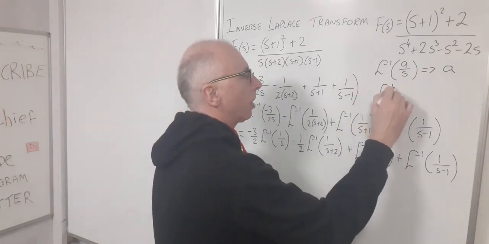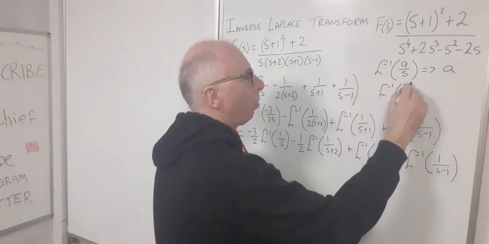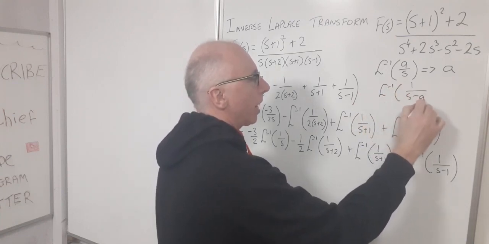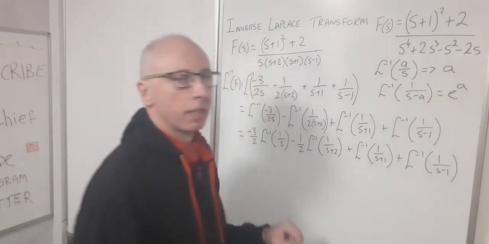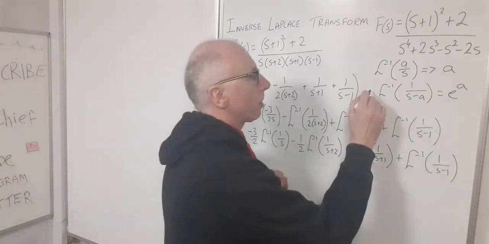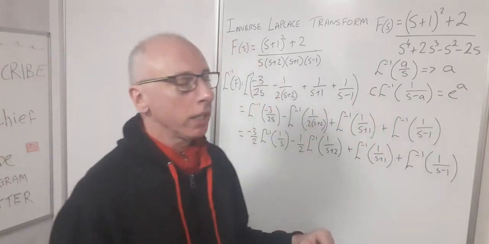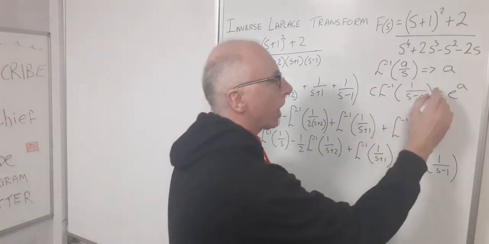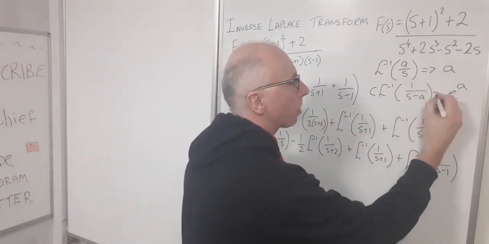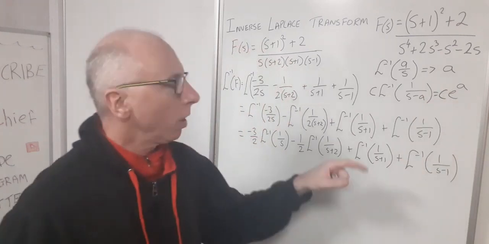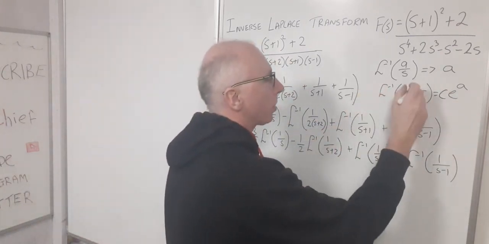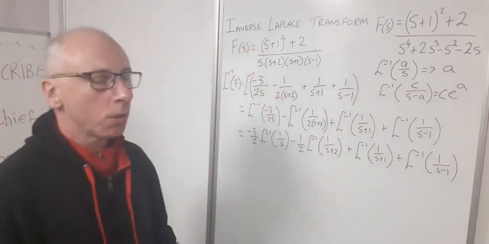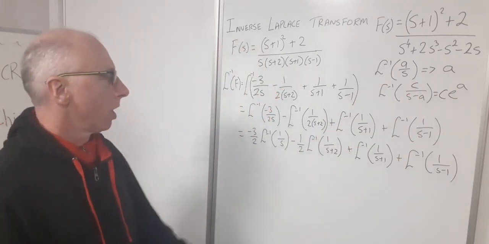My inverse Laplace of 1 over s minus a just gives me e to the at. And if there's a constant which we can multiply by, I will just get a constant in front of my result. Likewise, my constant could also be in the numerator, and that would also give me the same result.